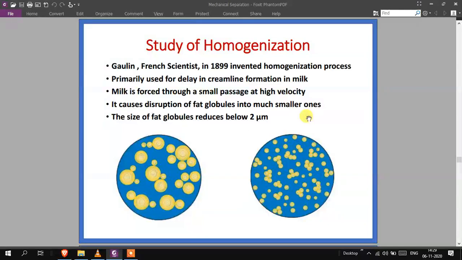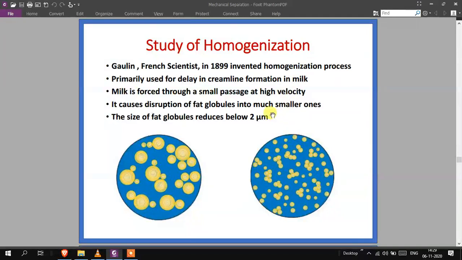A French scientist called Gaulin discovered this homogenization process in 1899. Some 100 years back he invented this process, and it is primarily used to delay creamline formation in milk.